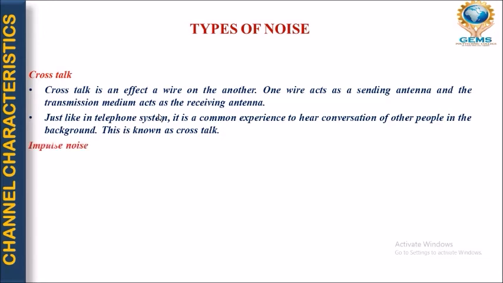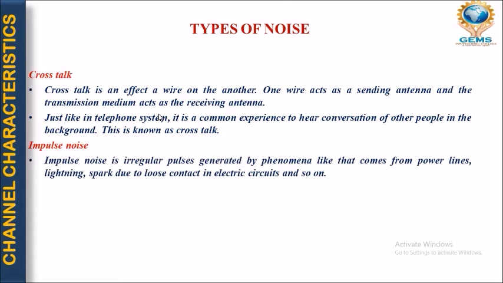Okay. Next one is your impulsive noise. What do you mean by impulsive noise? Impulse noise is irregular noise which is generated by phenomena like power lines, lightning, and sparks due to loose contact of the electric circuit.